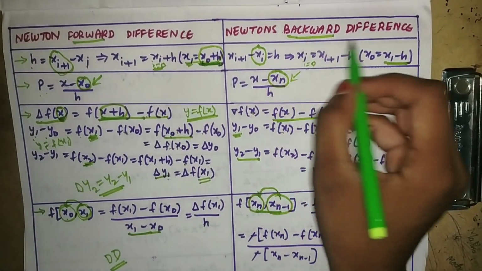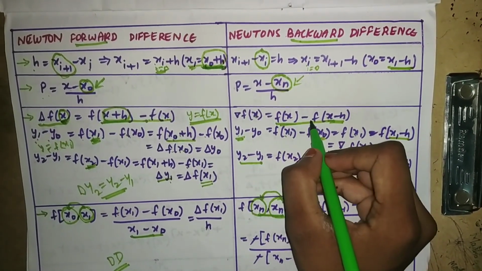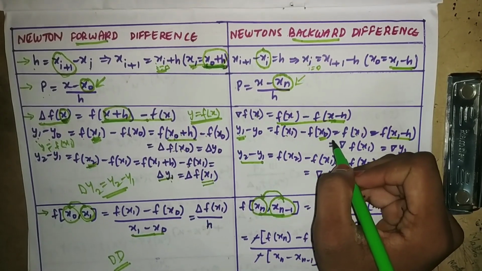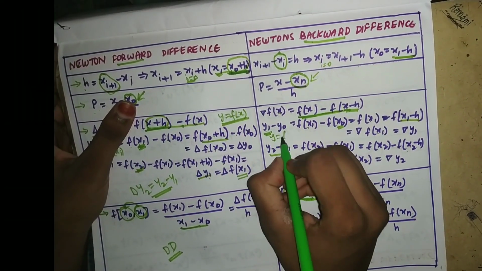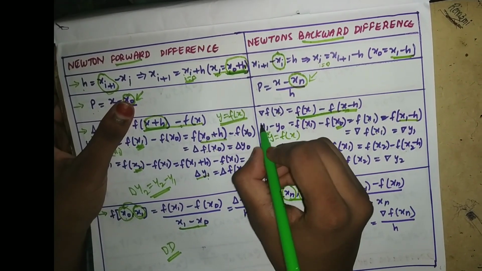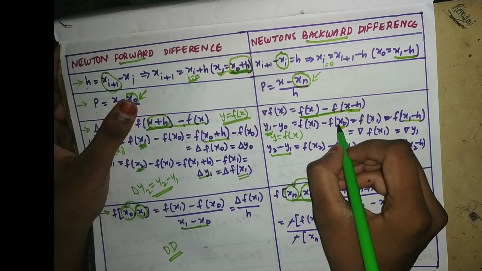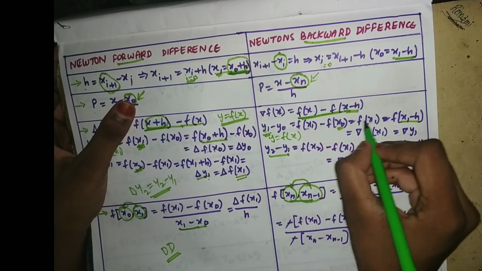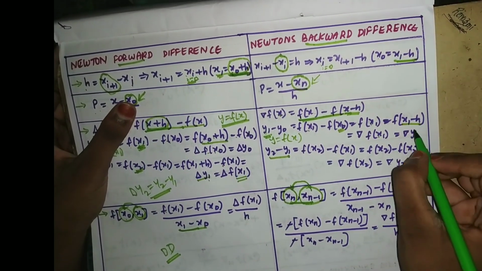So now coming to Newton's backward difference, del f of x is equal to f of x minus f of x minus h. y1 minus y0, where y is equal to f of x. So in place of y, you can write f of x. y1 minus y0 is f of x1 minus f of x0, which is equal to f of x1 minus, instead of x0 you can write x1 minus h.